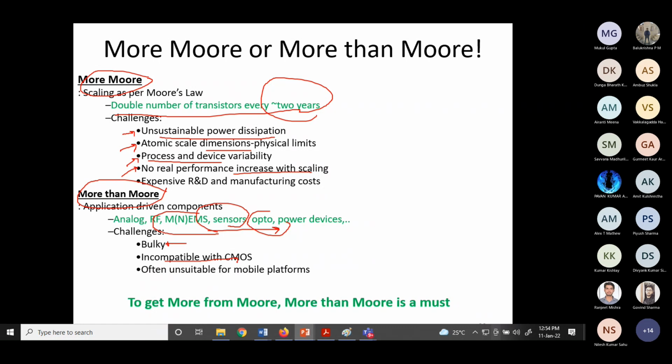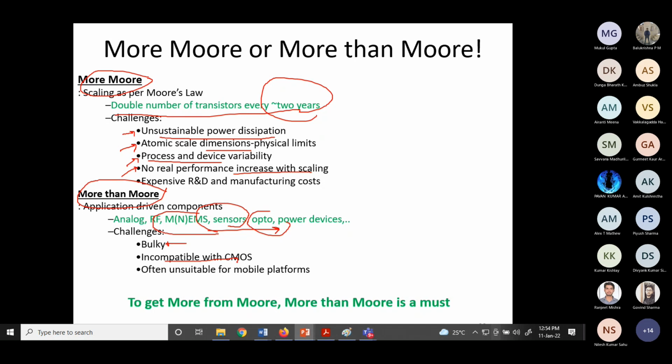You can't go to a conventional IC fabrication foundry like TSMC or GlobalFoundries and say, I want to make an optical sensor, for example. They will not be able to do that because the conventional silicon process line is not suitable for those kinds of sensors and different devices.